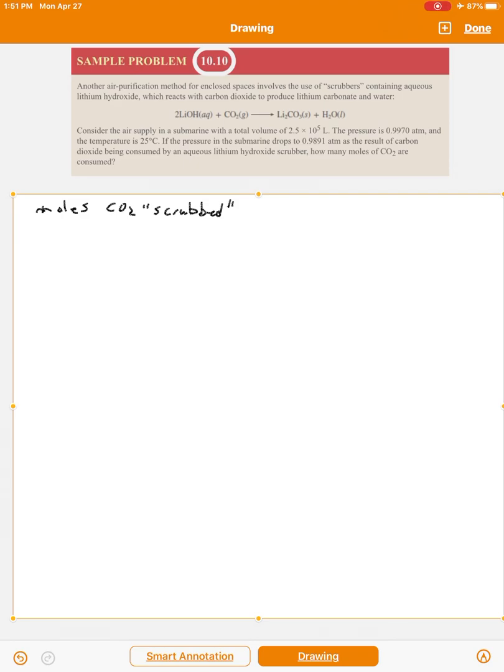Okay? So the main thing here is that we want to find the moles of CO2. So we're going to use PV equals nRT. We know that n would be PV over RT. But we have two pressures.